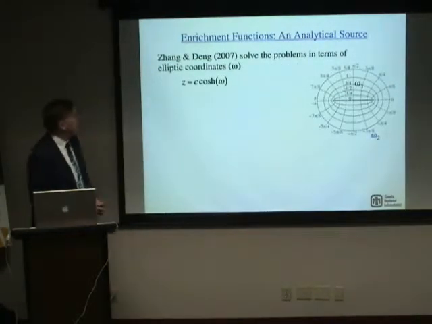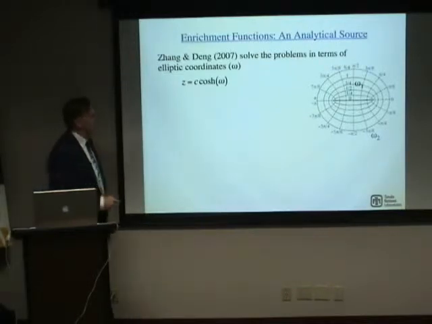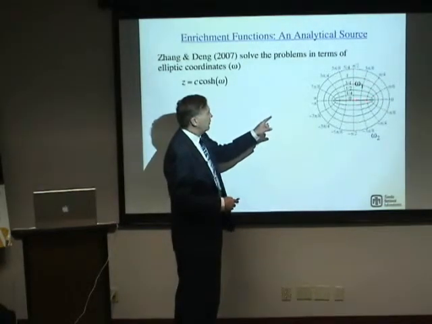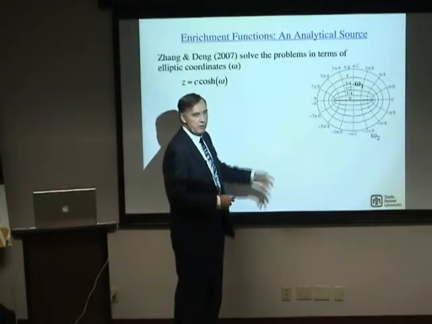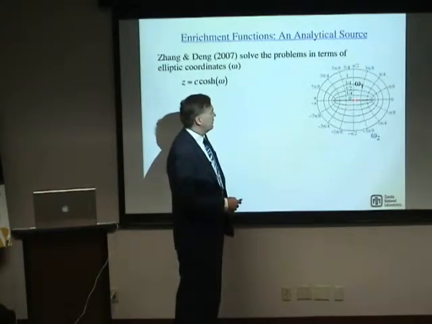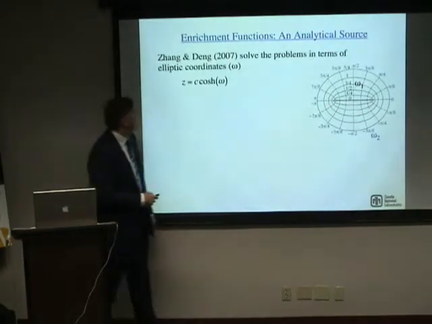Okay, now in the work of Zhang and Ding, they used conformal mapping, i.e. elliptic coordinates. You can think in the limit that if this were actually linear elastic fracture mechanics, this cohesive zone would shrink down to a point and you just have a typical polar coordinate system around that point, okay? So essentially now we're taking the geometry of the crack, stretching it out and having a coordinate system that conforms to that, if you will.